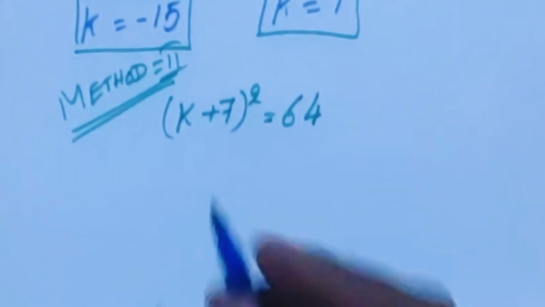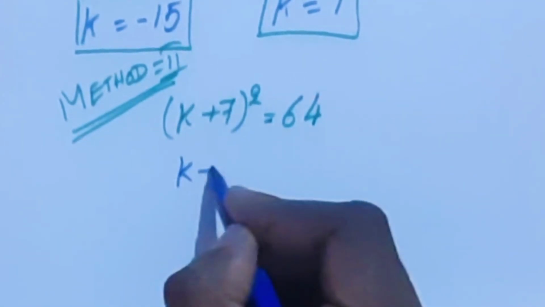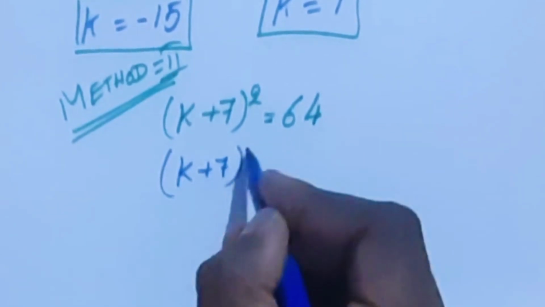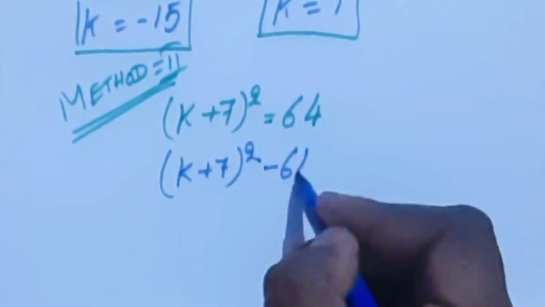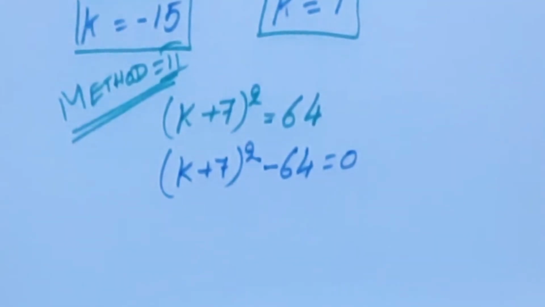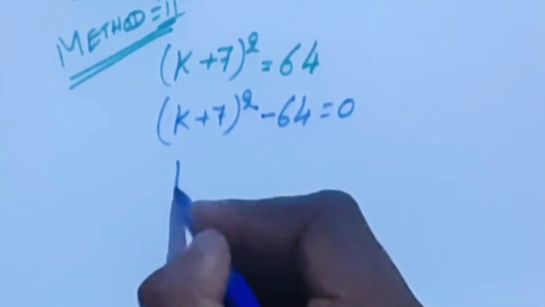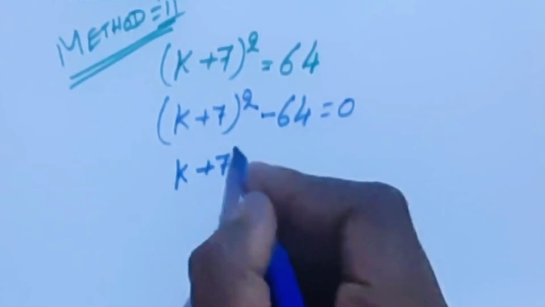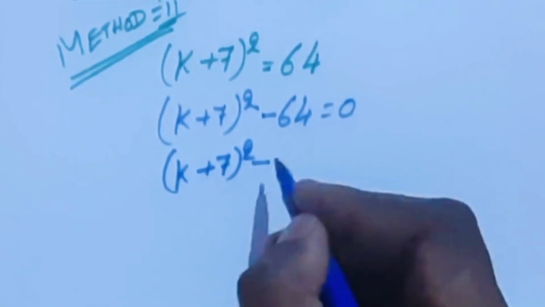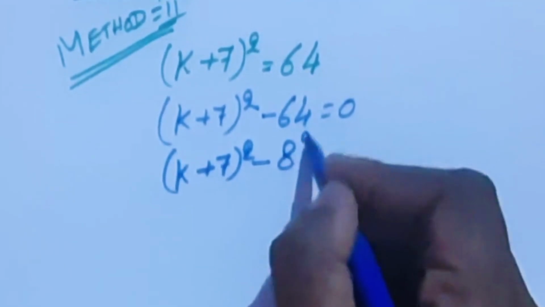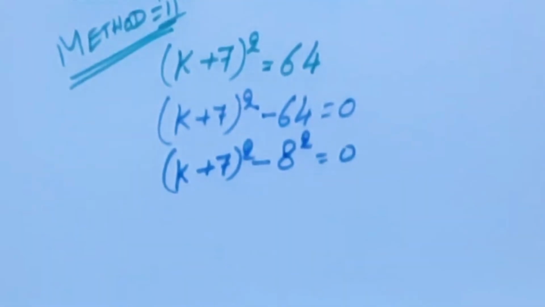Now from this method, moving 64 to the left-hand side, so (k + 7)^2 - 64 = 0. From here, this 64 can be written as 8^2, so (k + 7)^2 - 8^2 = 0.